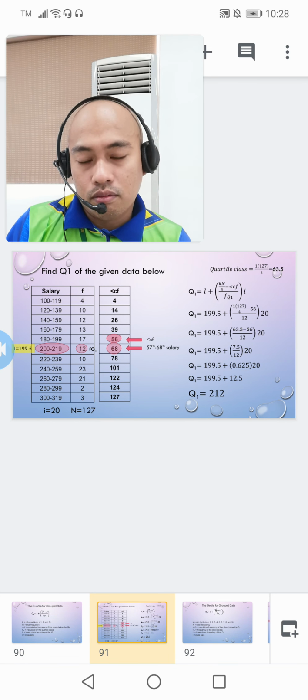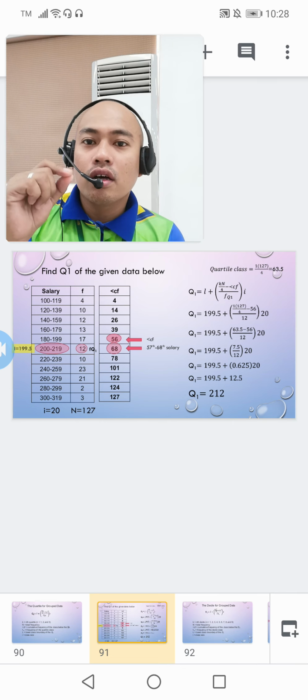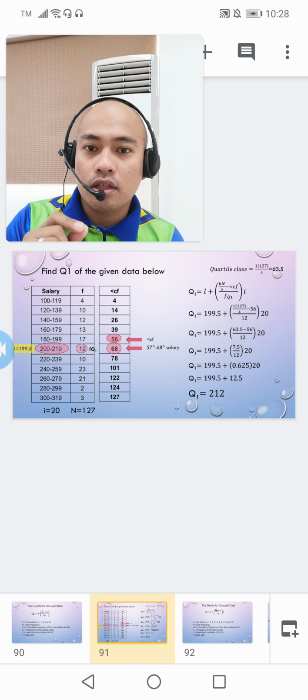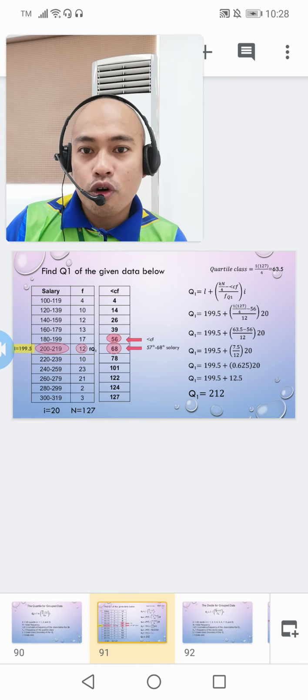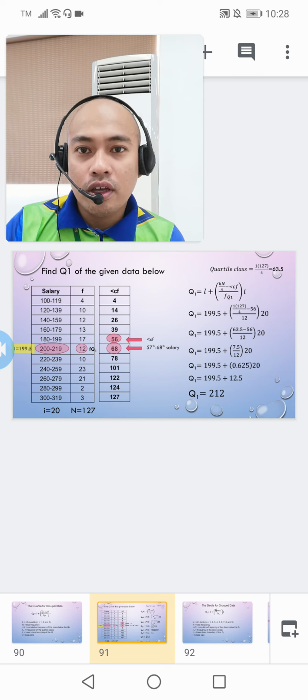That is the meaning of that. So what is the cumulative frequency below 68? It is 56.